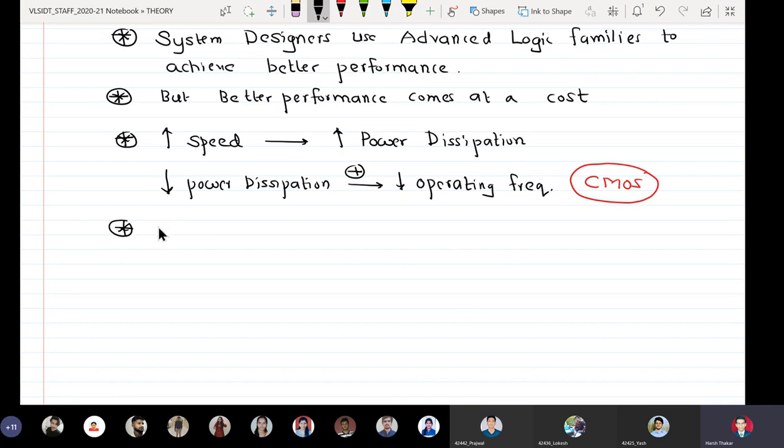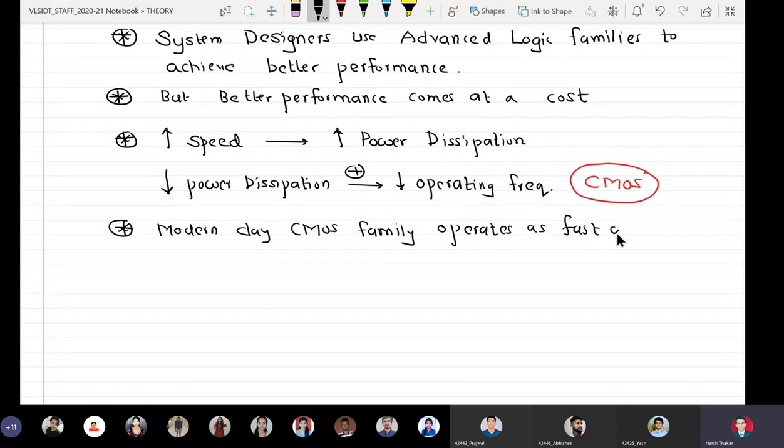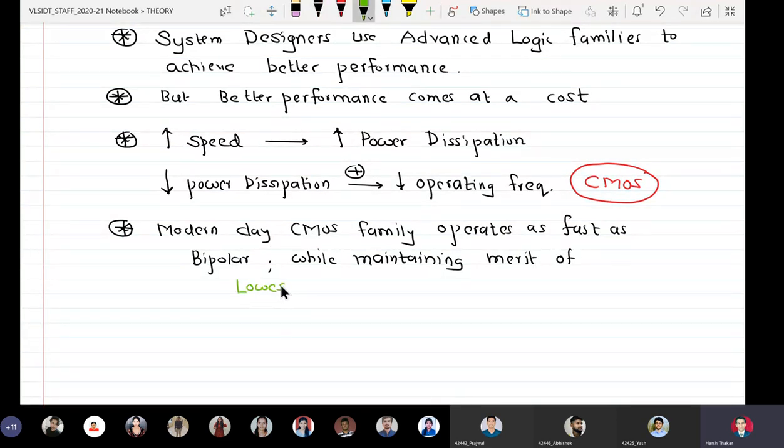But now we can say that the modern-day CMOS family operates as fast as bipolar while maintaining the merit of lowest power dissipation.